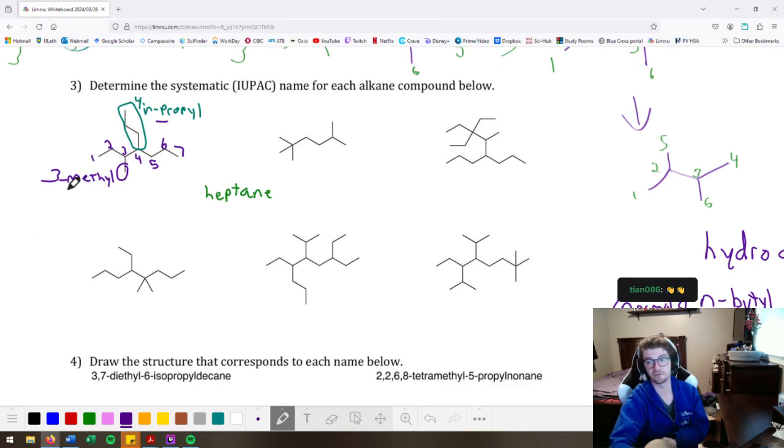And for the methyl group, it's M for methyl. So M comes before P, so we're going to do just 3-methyl, and then I'm going to put a dash in there, and 4-N.